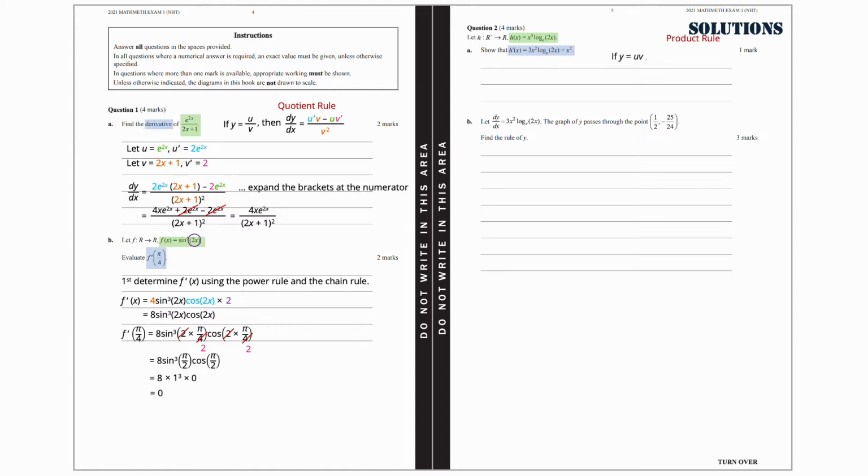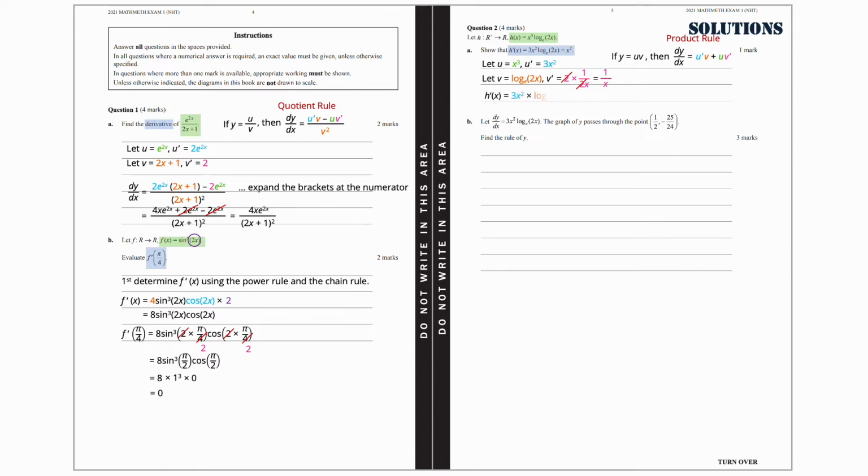We are going to use the product rule here, which says that if y equals uv, then dy dx equals u dash v plus uv dash. Let u equals x cubed, therefore u dash equals 3x squared, and let v equals log in base e of 2x, which means that v dash equals 2 times 1 over 2x equals 1 on x.